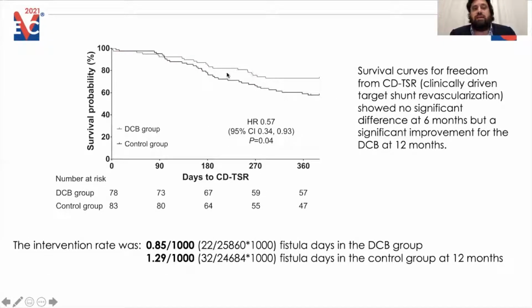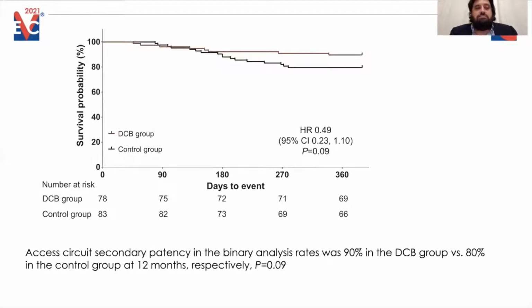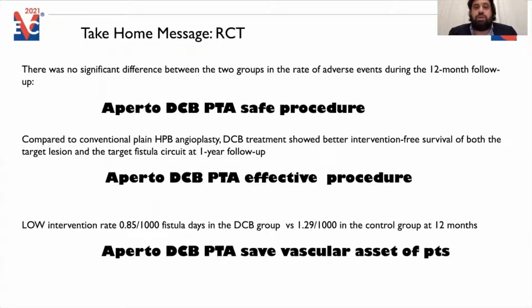Another survival curve, for freedom from clinically driven target shunt revascularization, showed a significant difference at 1 year of follow-up, also in favor of DCB treatment with fewer retreatments: 0.85 retreatments per 1,000 fistula days in the DCB group compared to 1.29 per 1,000 fistula days. For secondary patency, there were no significant differences: 90% for DCB and 80% for high-pressure balloon.